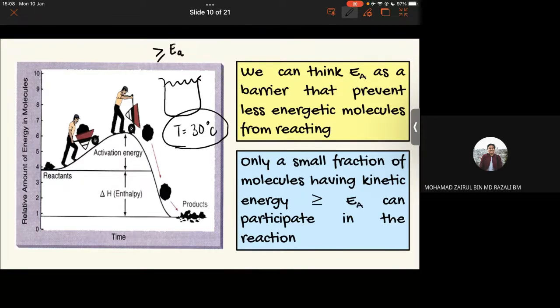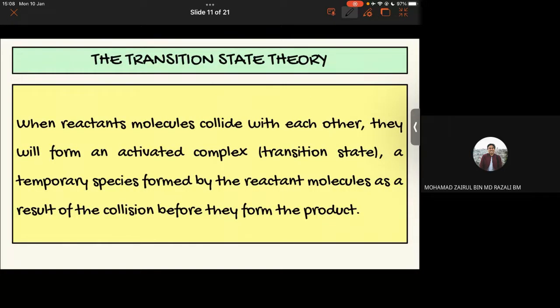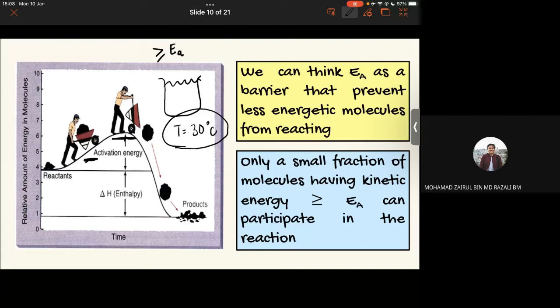Kita boleh assume activation energy itu macam satu barrier. Macam kalau kita naik bukit, kalau awak ada energi yang cukup je, awak melepasi puncak tu. Kalau tak, awak akan stuck tengah jalan je lah. Sebab apa? Sebab awak tak ada energi yang cukup. Okay, collision theory, ada apa-apa soalan tak?